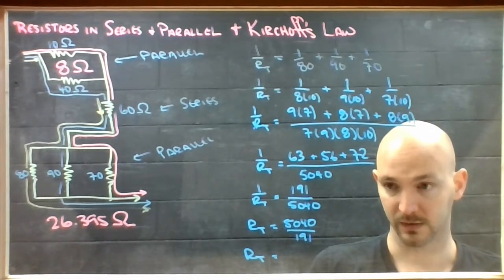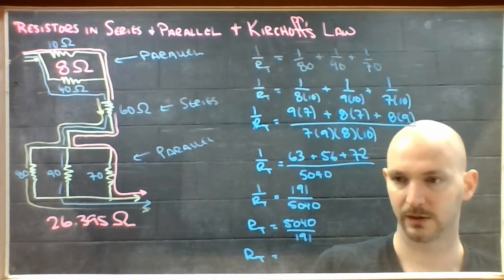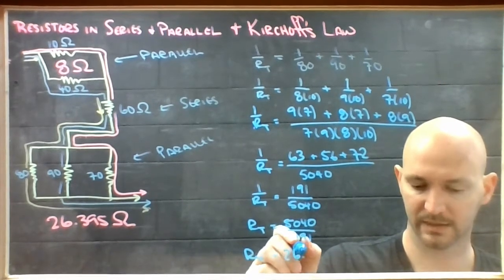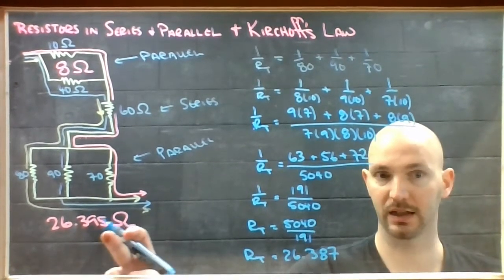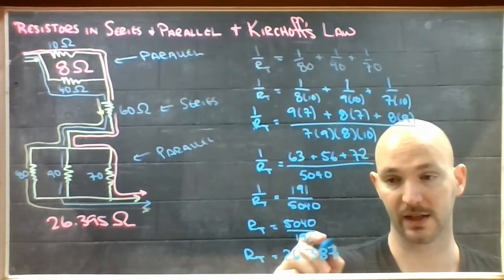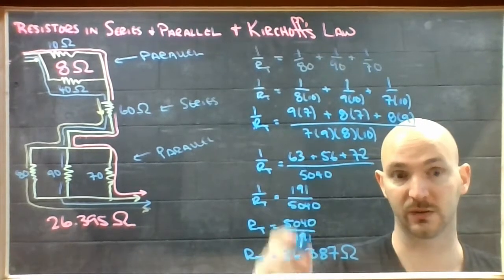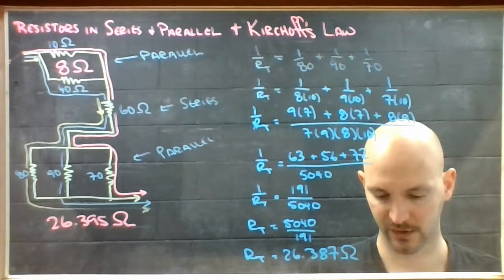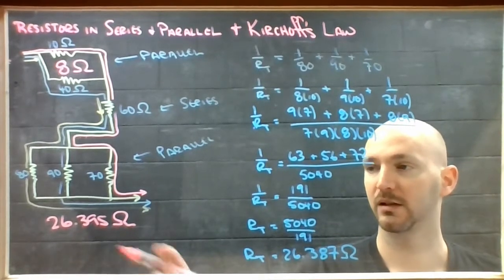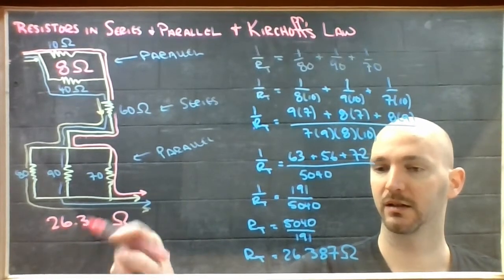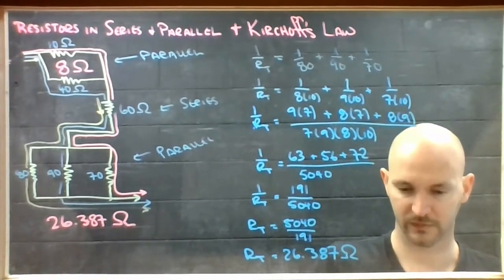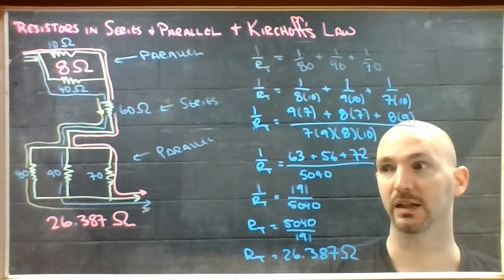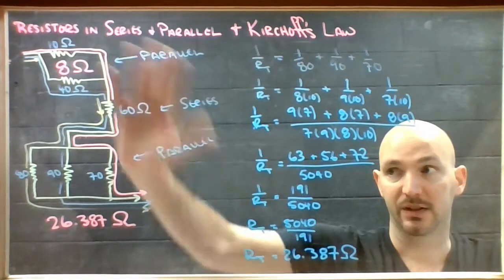It equals 26.387. So I got a little bit off. I know that's correct. That's the exact answer. I didn't do any rounding. So I'm just going to fix this here: 26.387. Good. Well, now I have to figure out what to do with this hot mess.